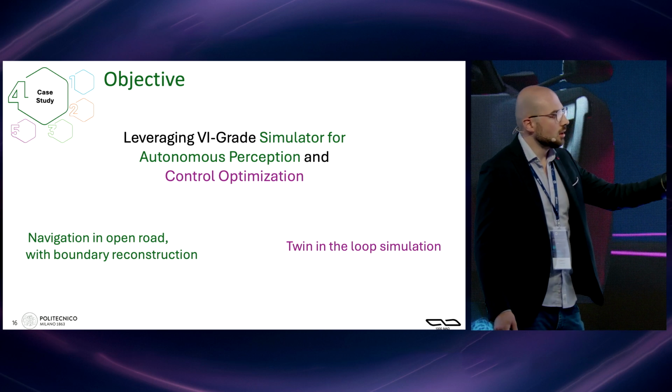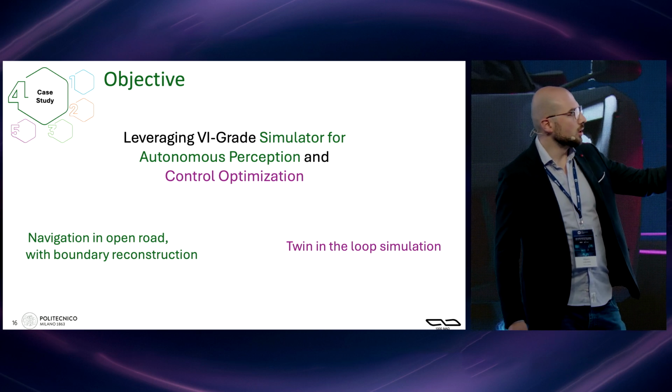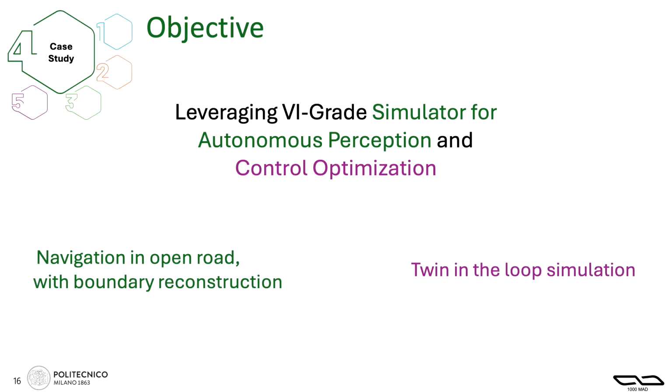And then another deep dive into the twin loop simulation. That is a revolutionary, let's say, approach in which we use the simulator in real time in the car to do something special that I'm going to show you later.